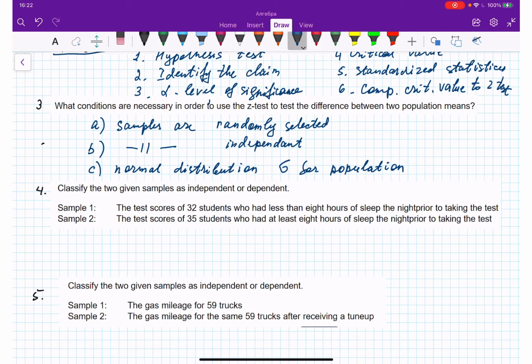Is this independent or dependent? In this case these are independent because we are talking about different students. There is no evidence that these students are related or are the same students. So the answer is independent samples.